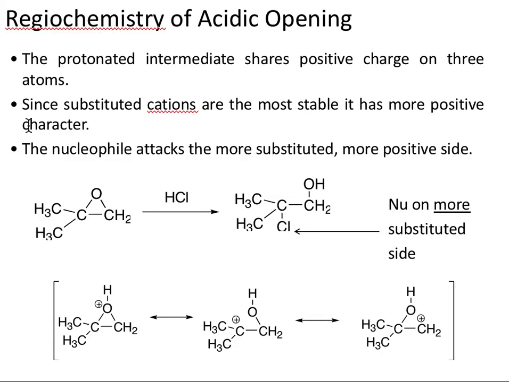Regiochemistry is a little bit different, and that's because the partial positive charge on this protonated oxygen in the ring is distributed along this ring. And this carbon over here, in our example, will bear the bulk of the positive charge, because remember when we were discussing carbocations and discussing SN1 and E1 mechanisms, more highly substituted carbocations are more favorable.